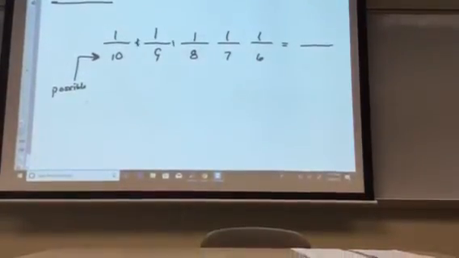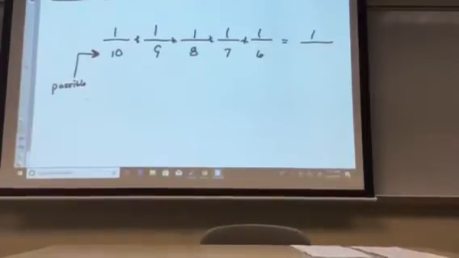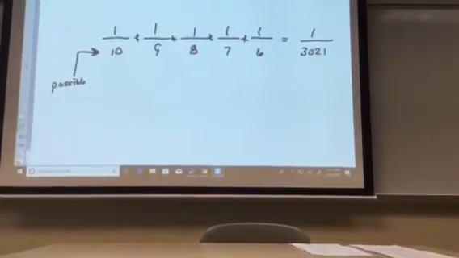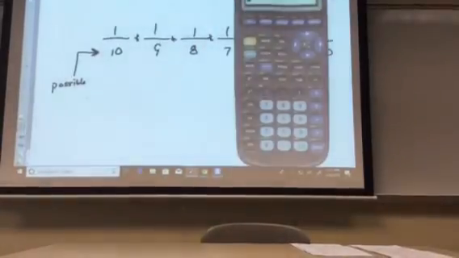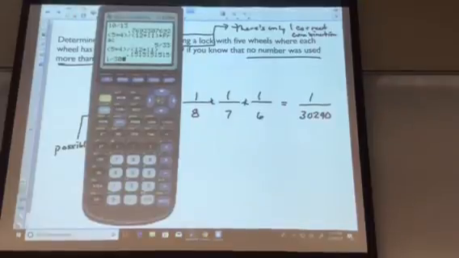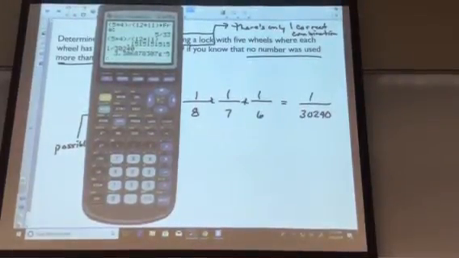1 times 1 times 1 times 1 is 1. And now you figure out what the denominator is. 30,240. And I pretty much guarantee you that if you take 1 divided by 30240, it's going to give you a scientific notation number.